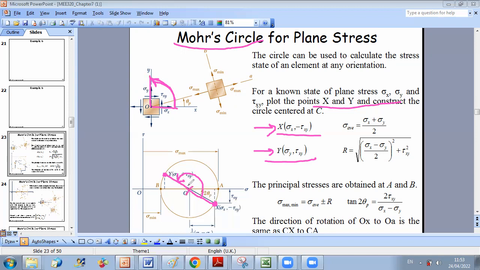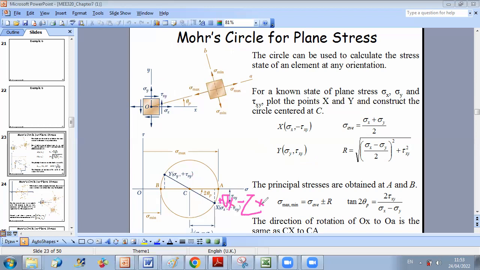This line will be centered at point C, which is the center of the circle, and lies on the sigma axis. From the definition, we take point X of coordinate sigma x minus tau xy. You will ask me why for point X I take sigma x minus tau xy, and for point Y I take sigma y plus tau xy.